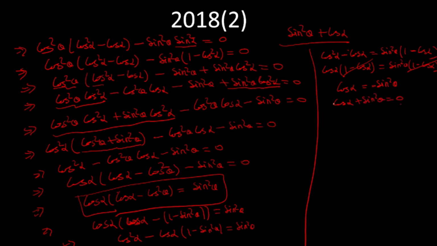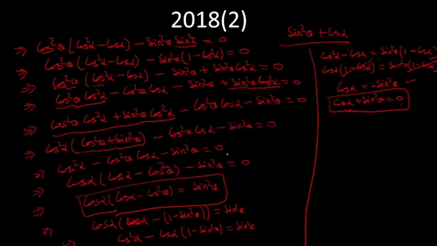So we will check where we made that mistake of minus. So what I did here, I took common cos alpha, so that is correct, and minus sin square theta.